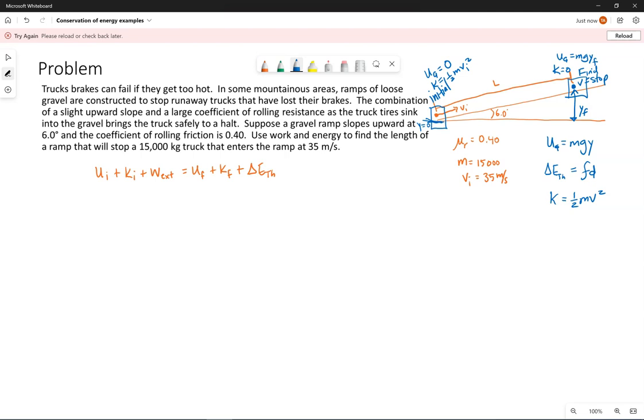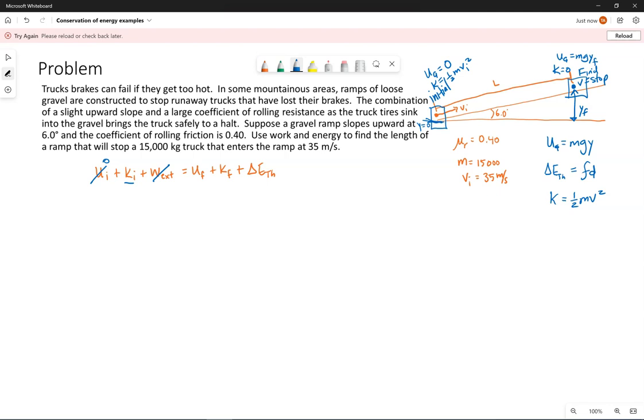So if we come over to our conservation of energy equation, we're saying we have no potential energy initially. We do have kinetic energy. Work external, if you remember, that's work done by forces that are not our friction, that are not our gravity and not a spring. We don't have any other forces that are responsible for changing the energy of the truck.